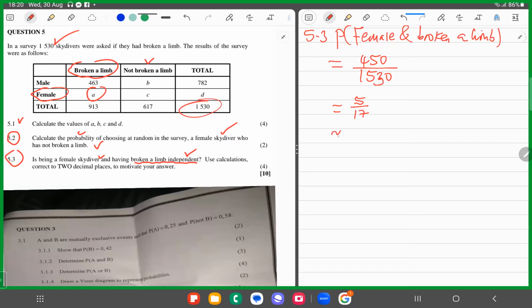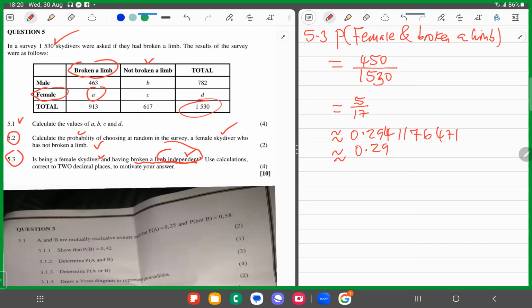Using a calculator, you can get the result 0.29476471, and this is approximately 0.29. These are the questions you sent to me. So in 5.3 they asked whether they are independent or not, so we investigate.